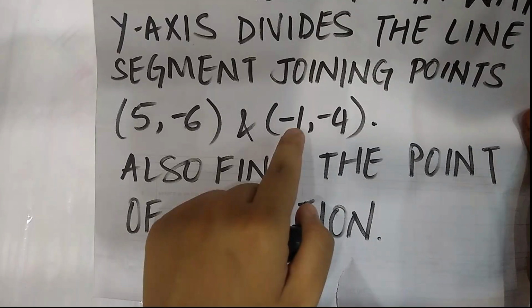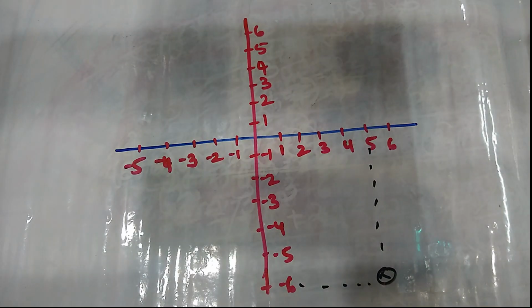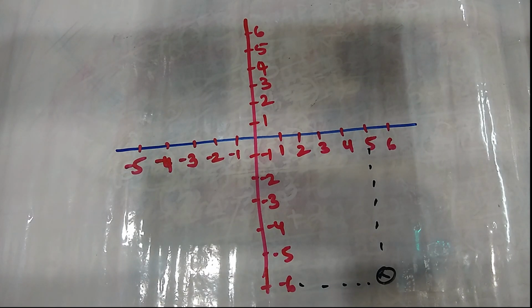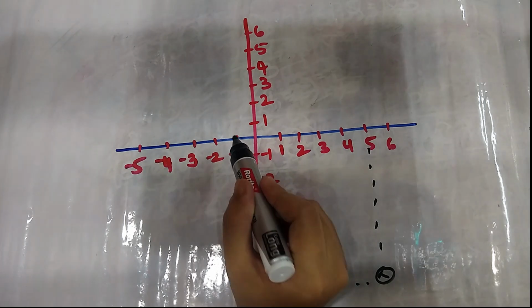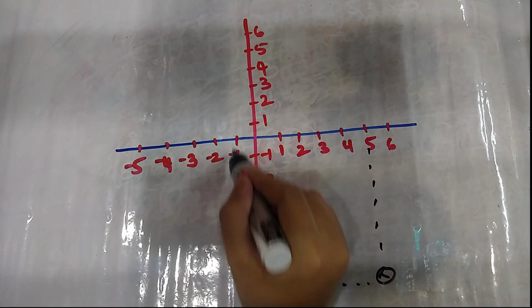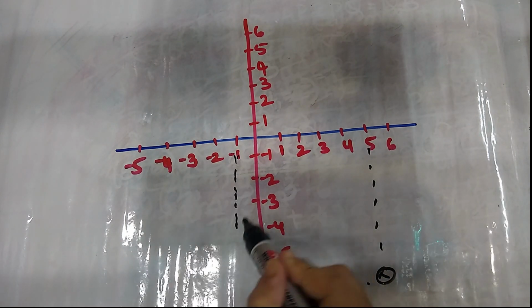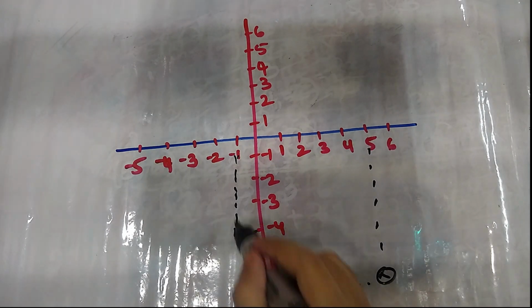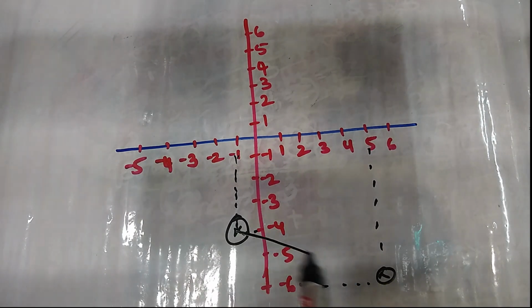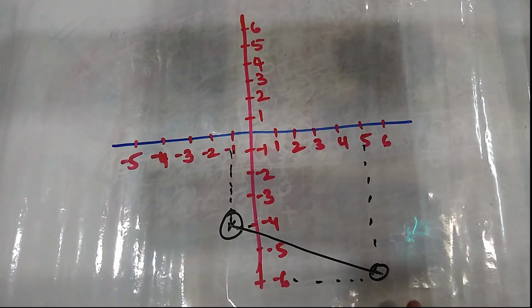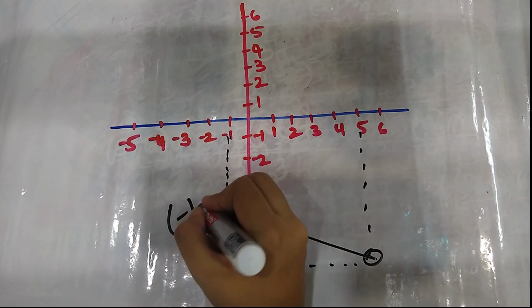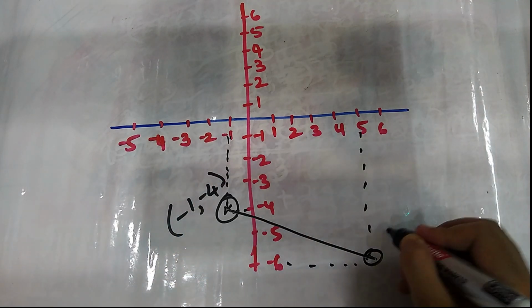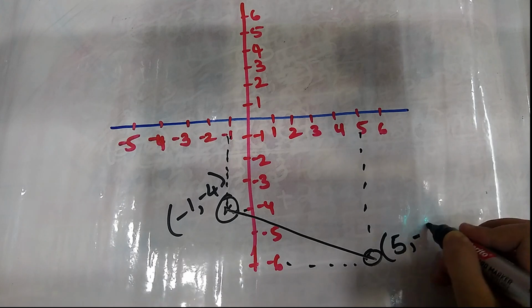Now the second coordinate is minus 1 comma minus 4. So minus 1 is here on the x-axis, comma minus 4 is here on the y-axis. And this is the line segment drawn using these two coordinates, minus 1 comma minus 4, and 5 comma minus 6.